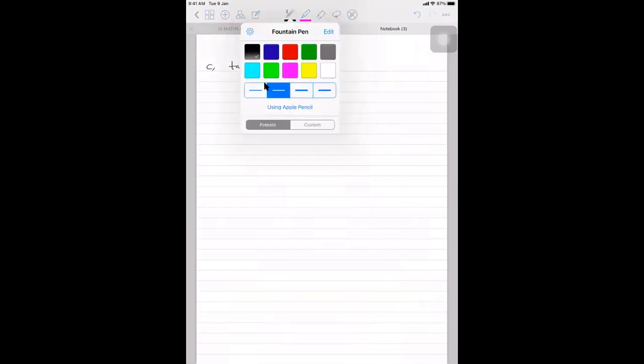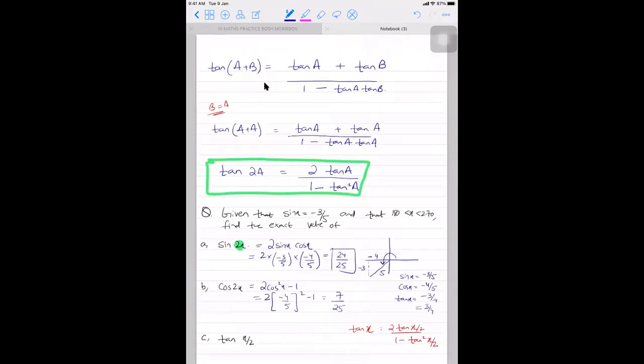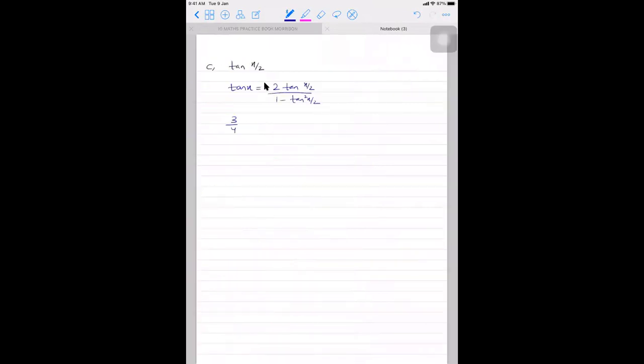To calculate tan x upon 2, I'm going to use tan x equals 2 tan x over 2 over 1 minus tan square x upon 2. Do I have the value of tan x in the question? Yes, minus 3 upon 4. So 3 upon 4 equals 2 tan x upon 2 over 1 minus tan square x over 2.